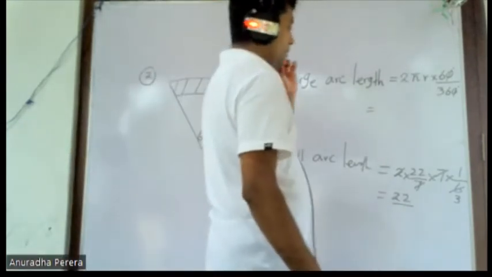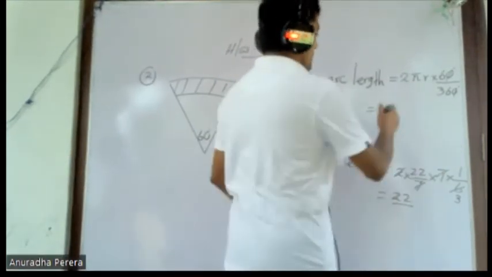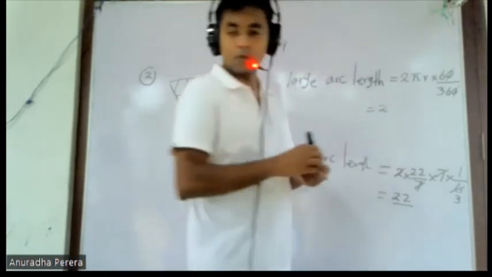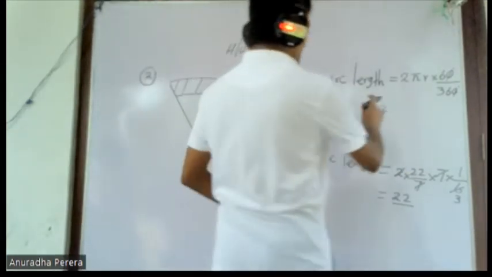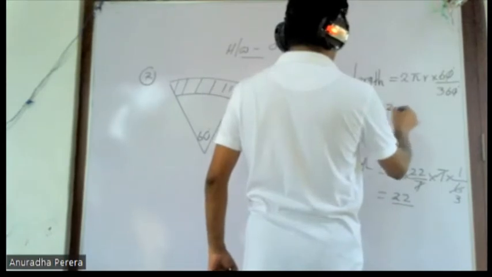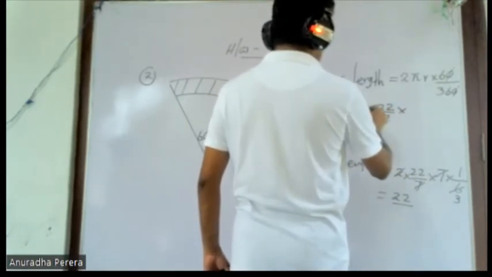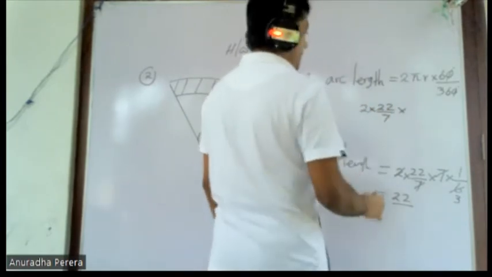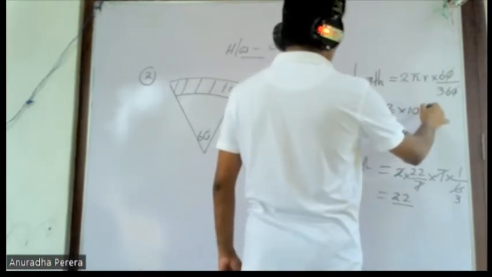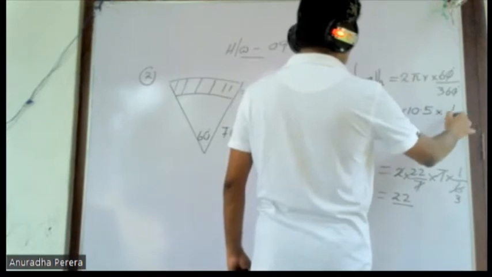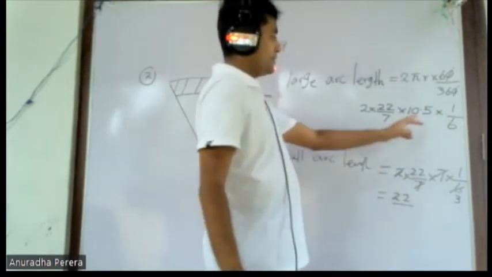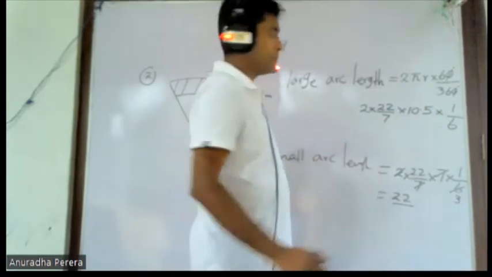Then the large one, 2πr, 22 over 7, radius 10.5, 1 over 6. 7 and 10.5 can be divided by 3.5.